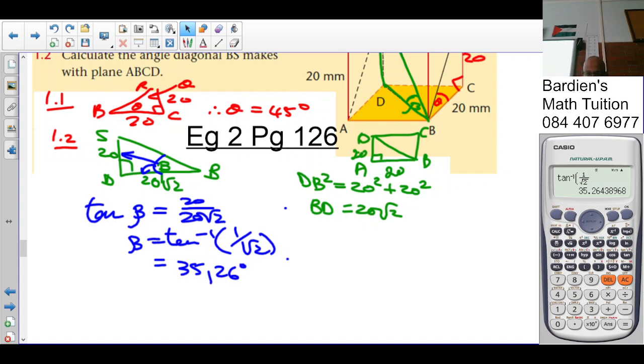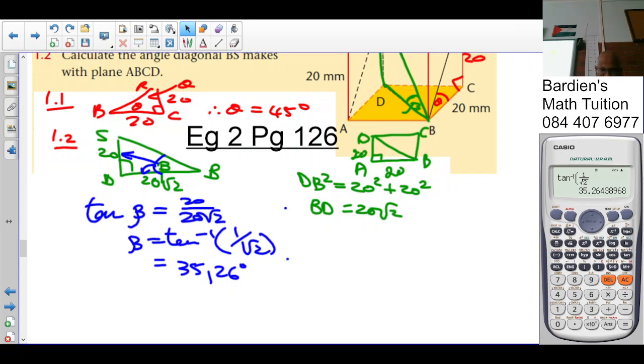For homework is exercise 3. You do the odd numbers for me, okay? So what I'm going to do is another sum.